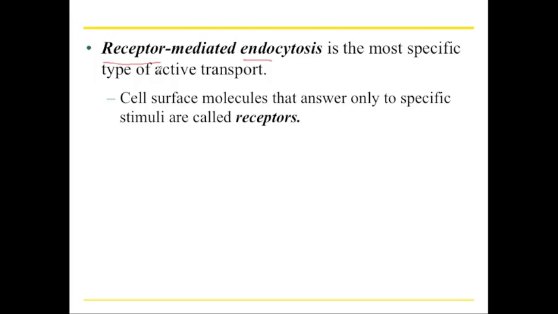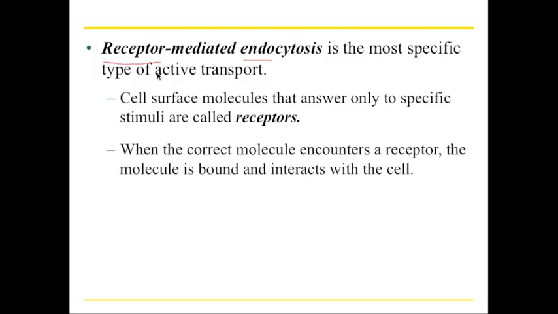There could be a variety of those kinds of cells, and the cell can actually use some of these in passing signals from one cell to the next. Only when the correct molecule is encountered is the molecule bound and interacted with. So it can be a particular food molecule, perhaps.